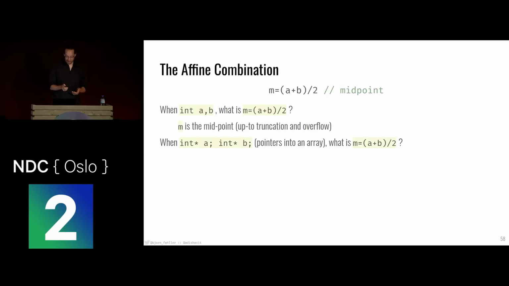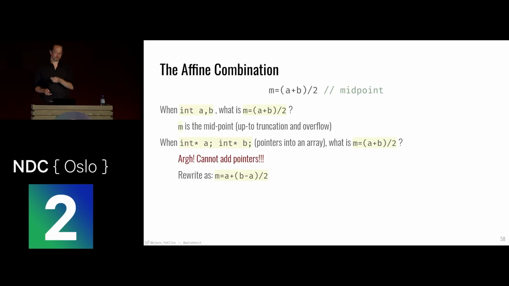So you can see we're summing up A and B, and we cannot really sum. We just said that even the C type system doesn't allow us to sum pointers, right? But conceptually, if we have 2 pointers into a valid array, there is a midpoint between them. So how do we calculate that? Well, with basic math, we can rewrite that statement as A plus the difference between B and A divided by 2.